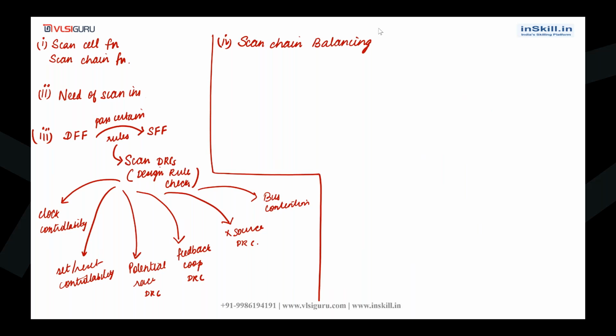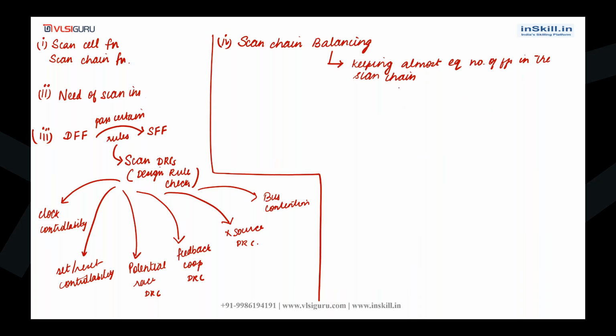That is what is called scan chain balancing.